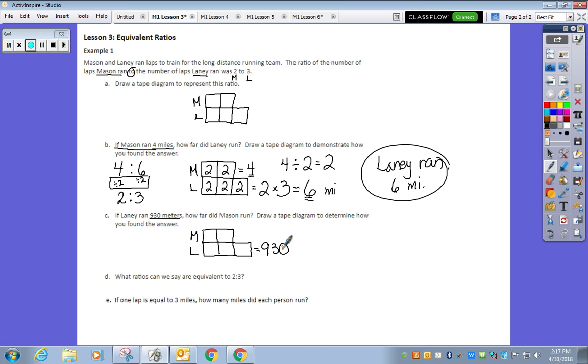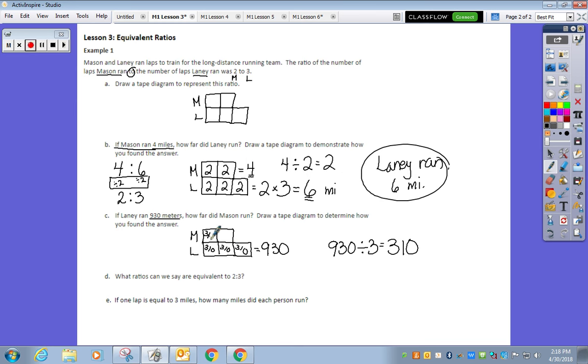In order to figure out how many meters Mason ran, I have to first figure out what number would go in each section or how many meters each lap was. In order to do this, I'm going to take the 930, that is going to be this entire bar, and split that 930 into 3 separate sections. Okay, so when I do this, I get 310. So that means each lap was 310 meters.